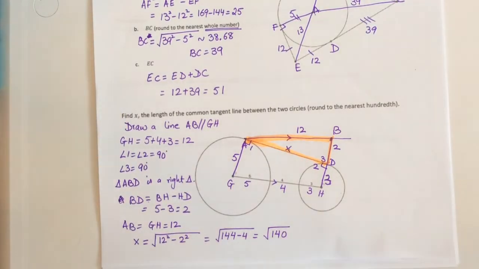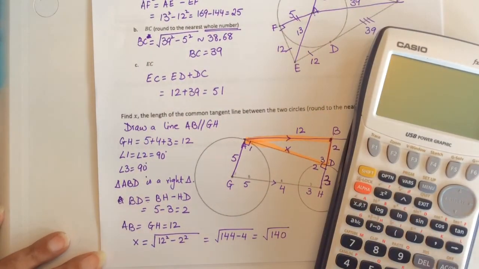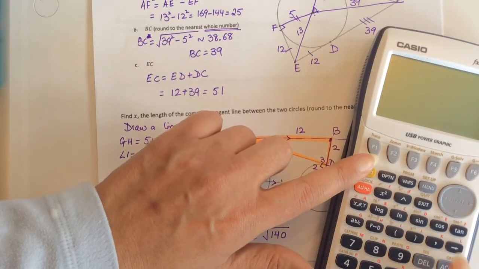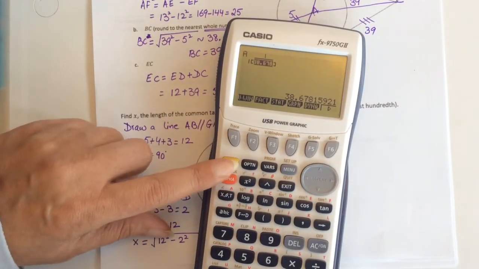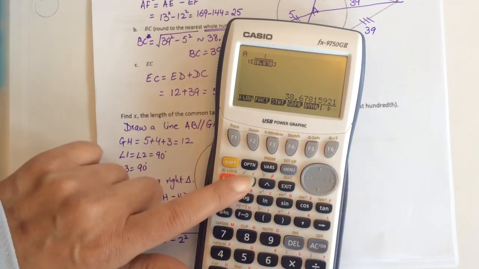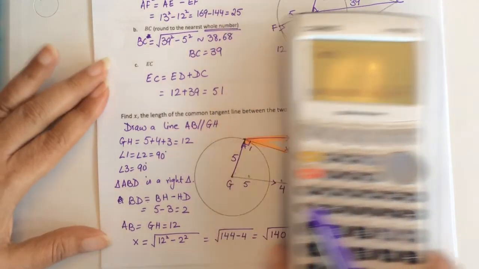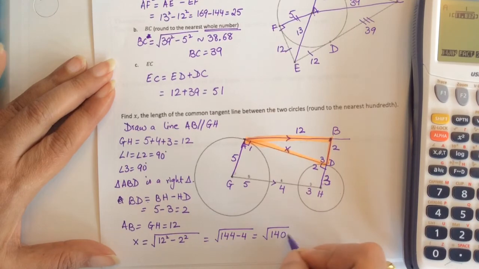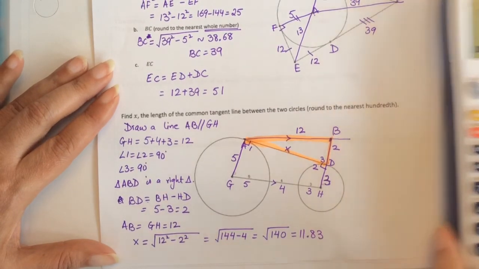And when I find it to the nearest hundredth, the square root of 140 is going to be 11.83. So the length X is 11.83.